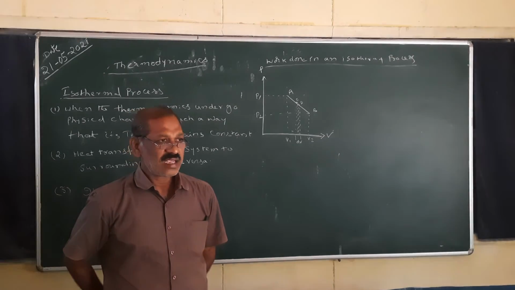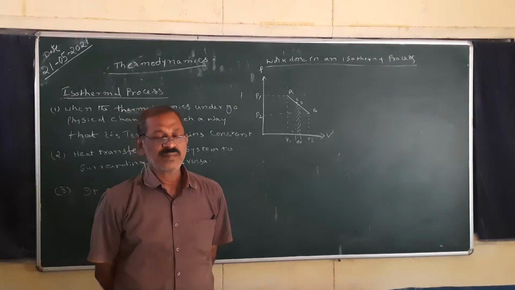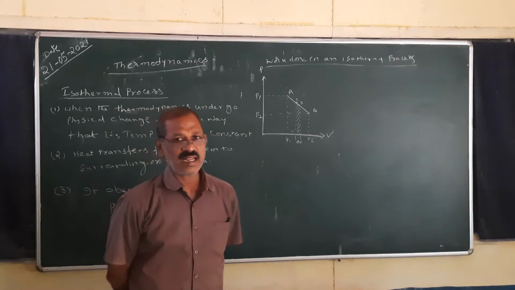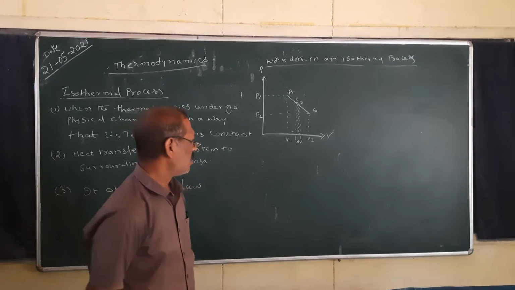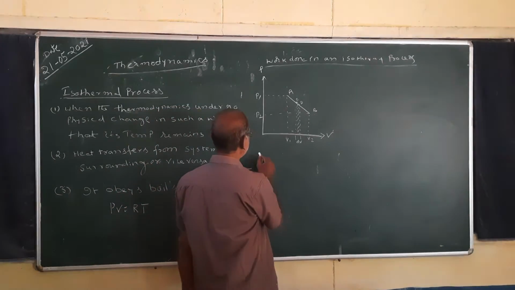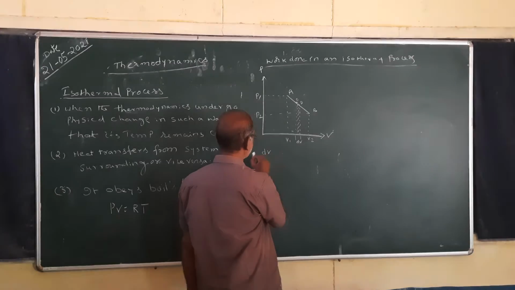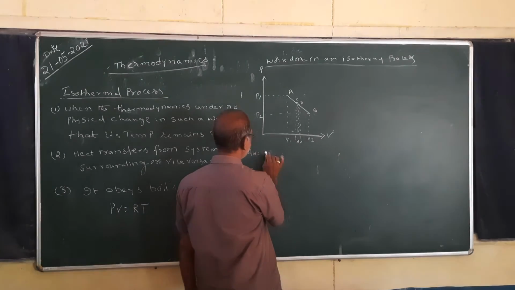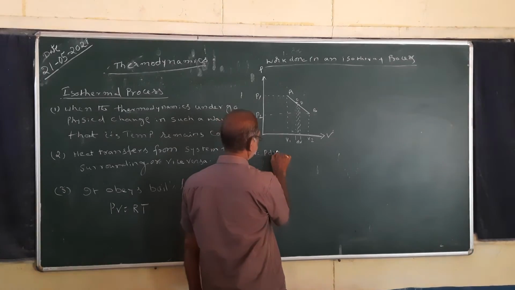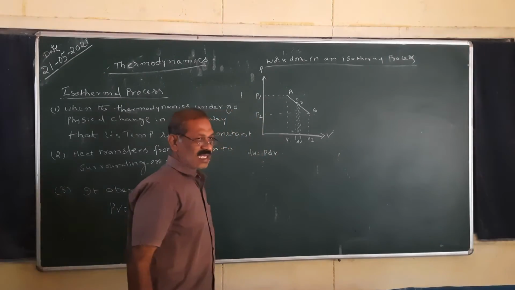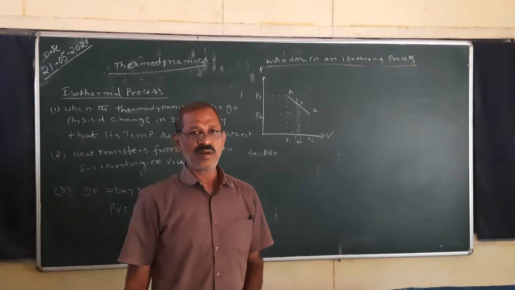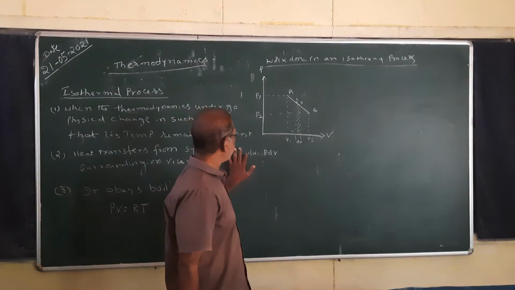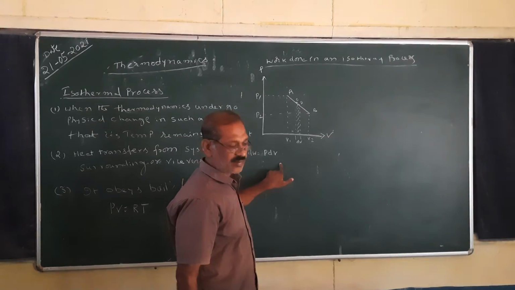So the work done in the small volume change dV is dW, and dW is equal to P dV.